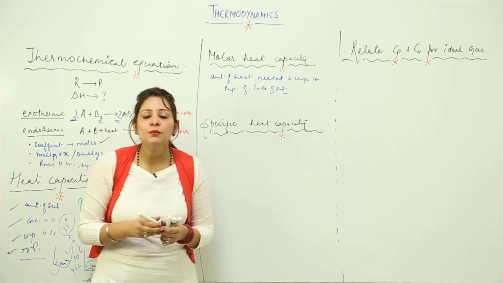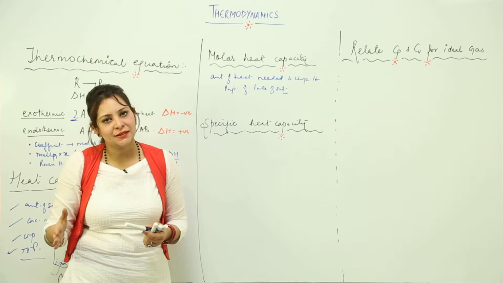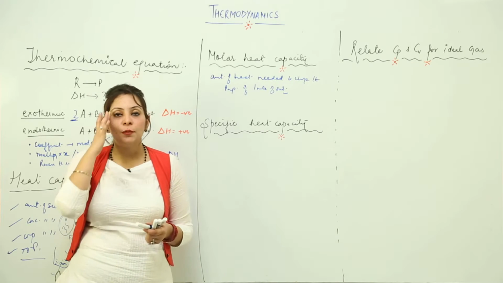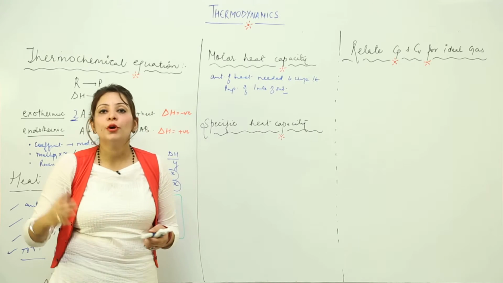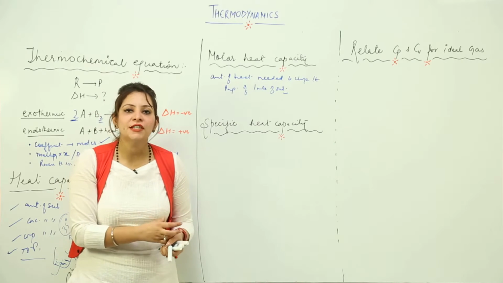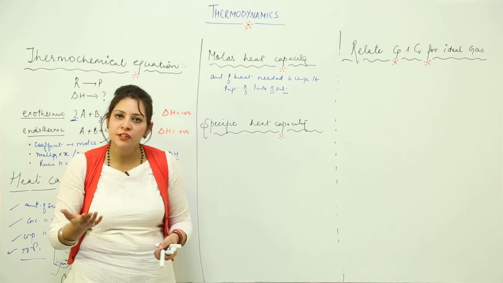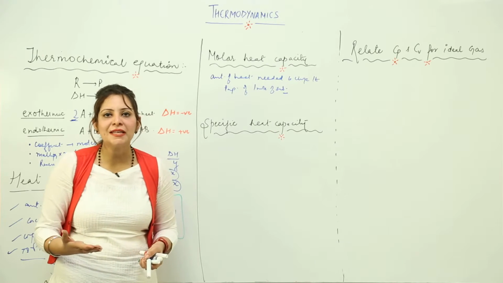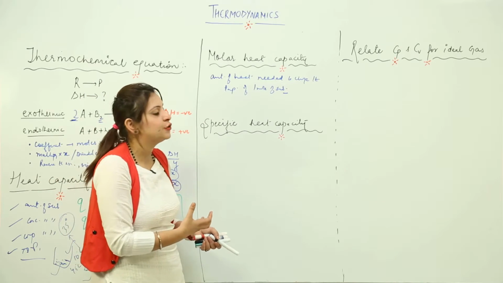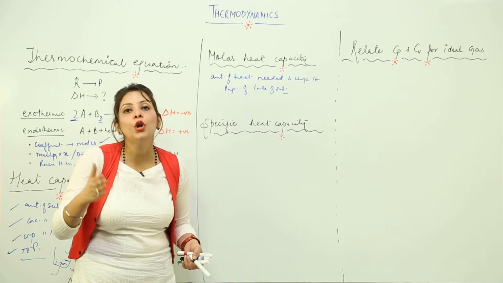So when we take 1 mole, it becomes molar heat capacity. So in general, if somebody is going to ask you about heat capacity, what are you going to answer? You are going to answer that it is the amount of heat which is required to change the temperature of the substance. And when I say molar heat capacity, it is the amount of heat required to change the temperature of 1 mole of a substance.